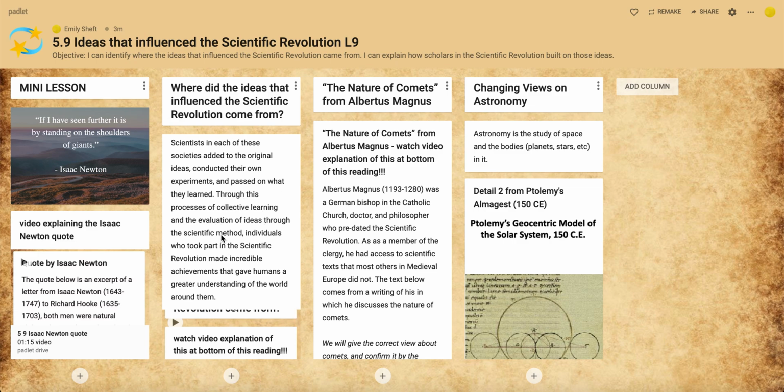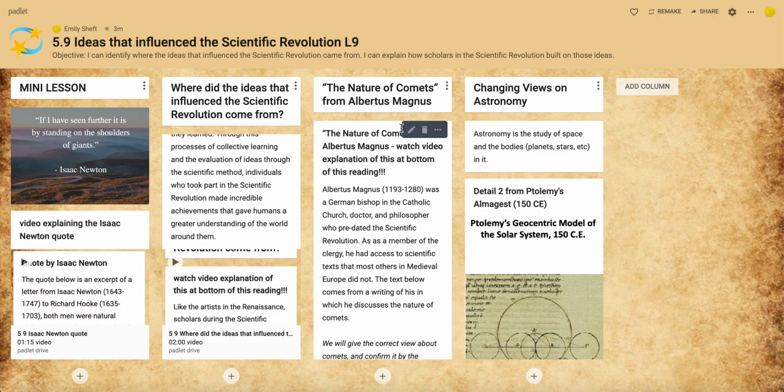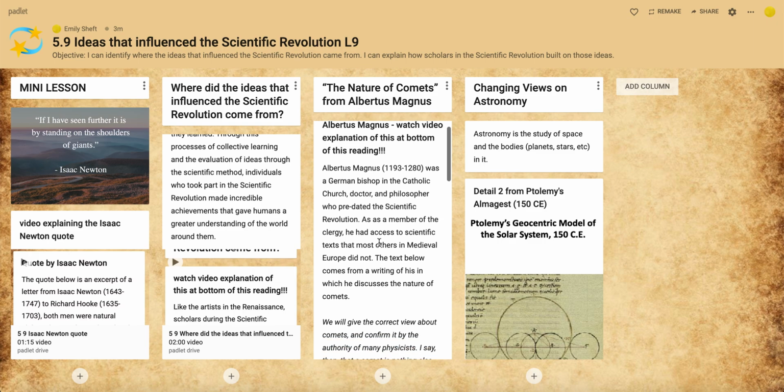And collective learning, the sharing of ideas, and the creation of the scientific method is what allowed for these incredible achievements, okay?